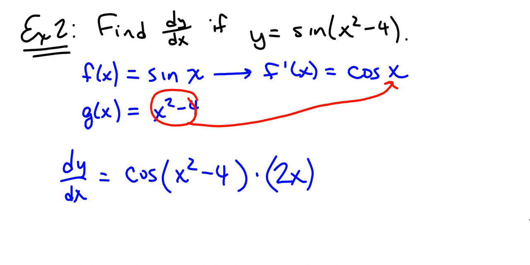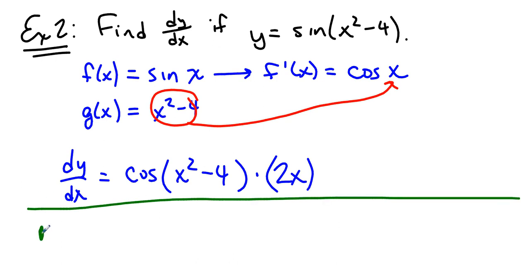If you're going Leibniz's way, and I'll just add this as a side note here, Leibniz would take a look at this and say, well, the outside function is the sine function. So he would say that this is the sine of u.